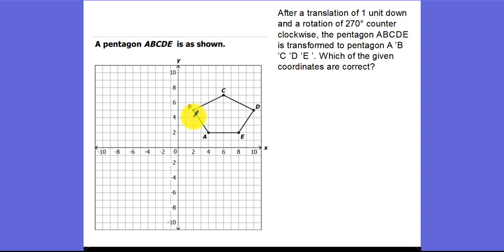So I have to move this here. That's my B prime. My A will go here, A prime. E, move 1. D will go here. And then my C will go here. So I have this as my new pentagon.